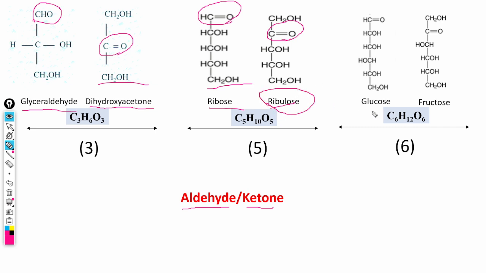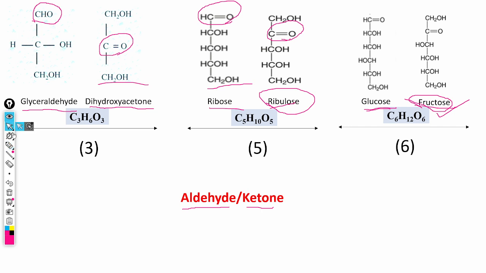Like that, it is the hexose, C6H12O6. They both have the same formula but different structures. The aldehyde form is called glucose. The ketone form is called fructose. Please note that fructose is also called fruit sugar, because fructose is present naturally in all fruits.